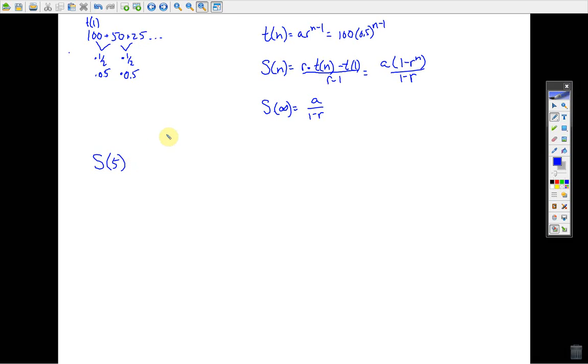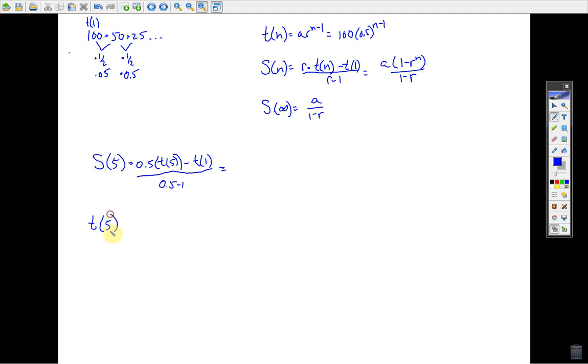the first thing we'd have to do is find t of 5, because we're going to need that t of n. So this would be equal to, our rate is 0.5 times t of 5 minus t of 1 over 0.5 minus 1. So let's go ahead and solve this out. So we need to find t of 5.